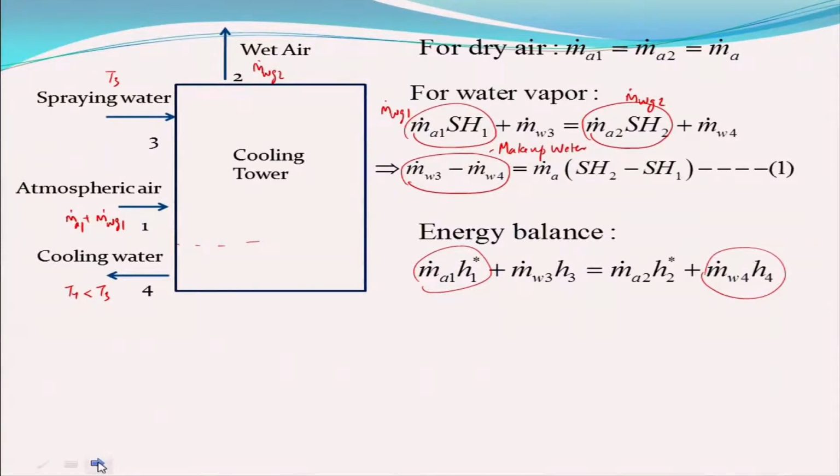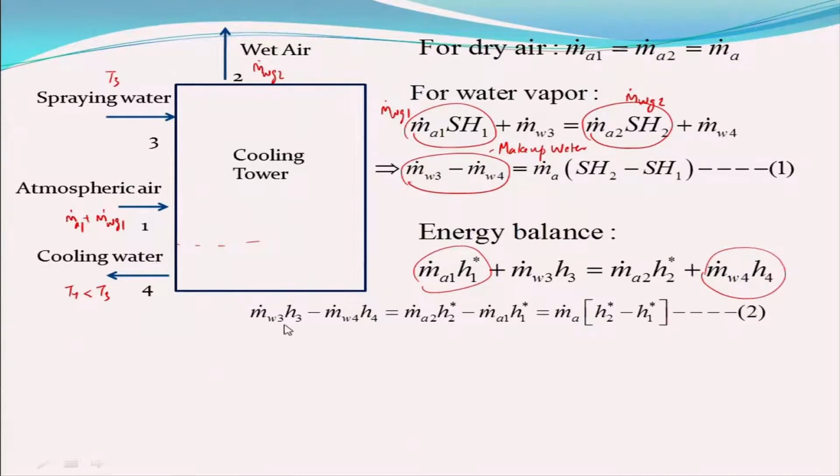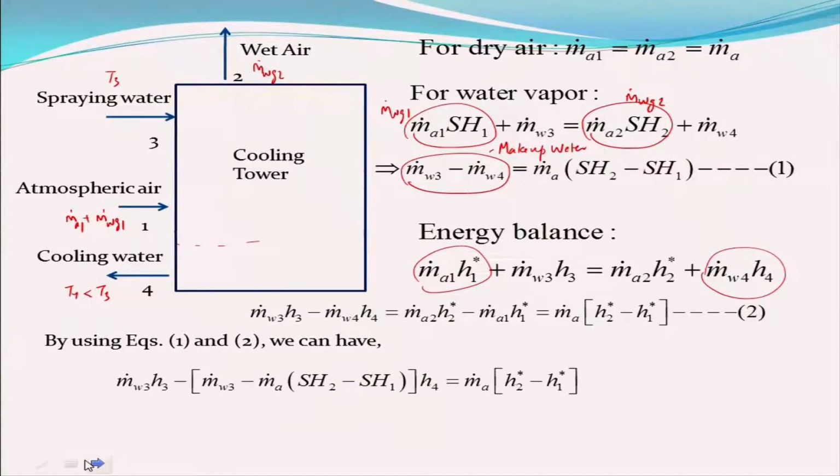If you do that, you will get m_w3 h3 minus m_w4 h4 equal to m_a2 h2 minus m_a1 h1, and of course m_a2 is equal to m_a1 is equal to m_a. So there is a change in enthalpy, which you can take out.